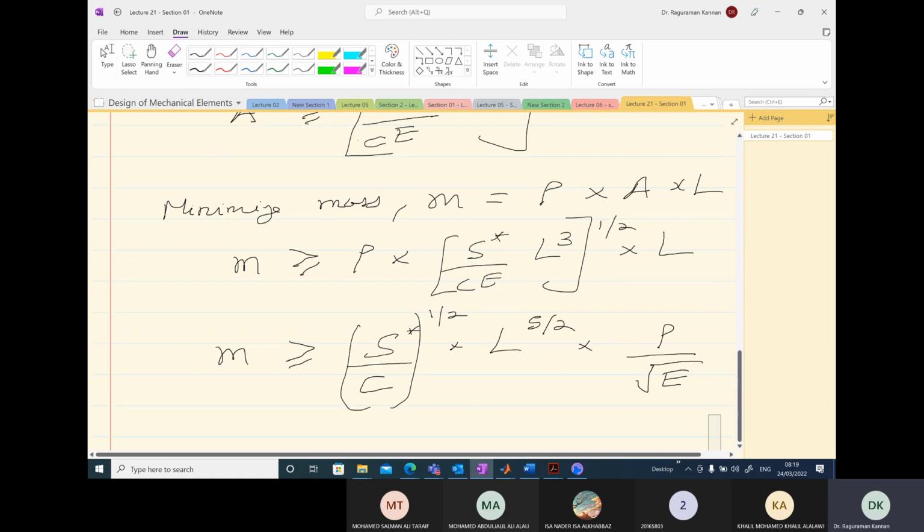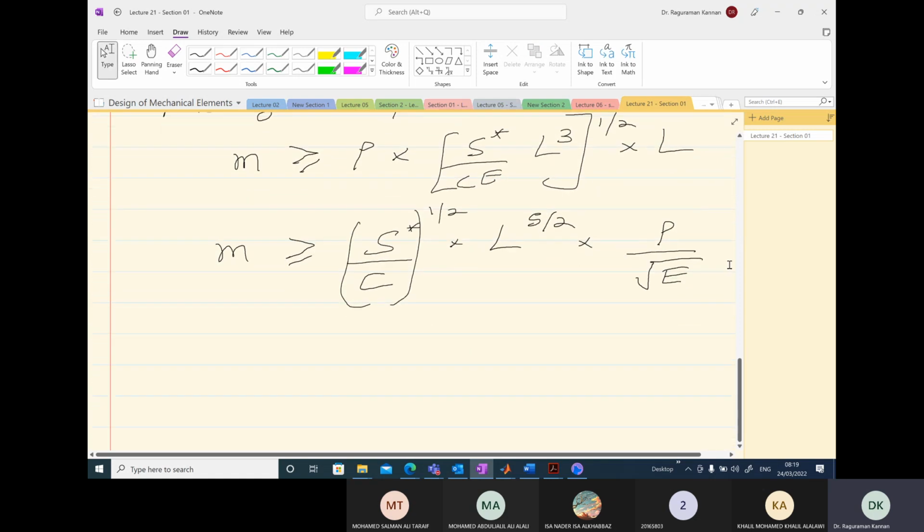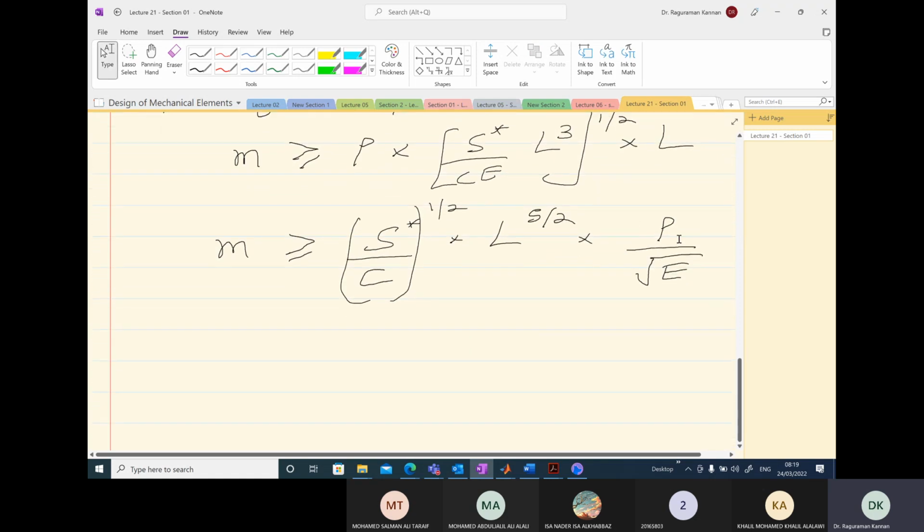So for a light stiff beam, this is the material index, and this particular material index value has to be minimized. Again, what are the free variables? Rho and E are free variables. L is fixed. Okay, and S star is specified. What should be the minimum value of stiffness?